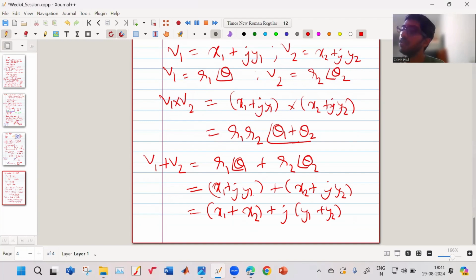So in different scenarios, you'll have to use different representations of the same quantity to get the answer. Because in that gate calculator, you do not have the direct option of using phasors.